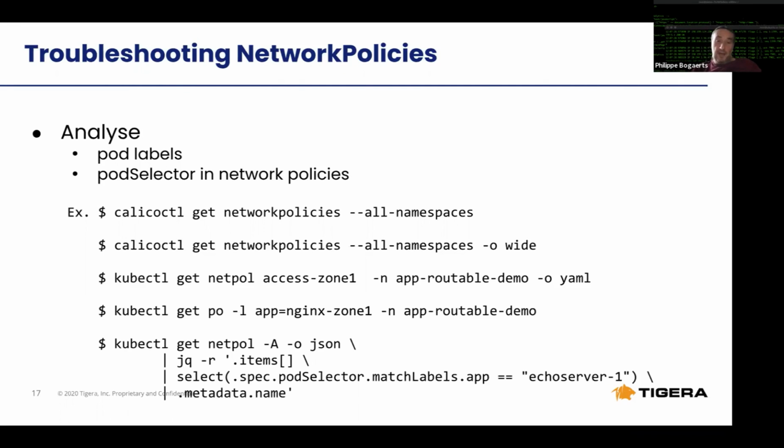It's complex, I know, but I modified it a little bit so that it can scroll through all the network policies and give you which policy is applied so you can find the policy.